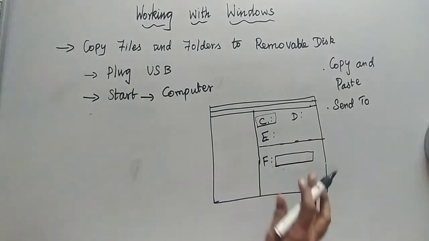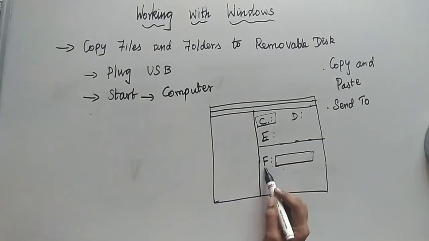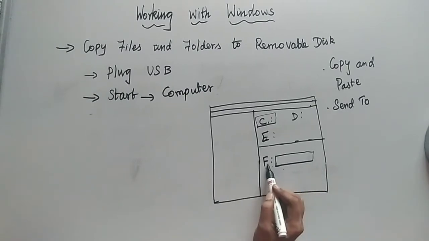Now you are again in this window, and you are going to click this F colon. It will open, and here you are going to paste it. So the file has gone from the source to the destination, which is your removable drive, that is your pen drive.